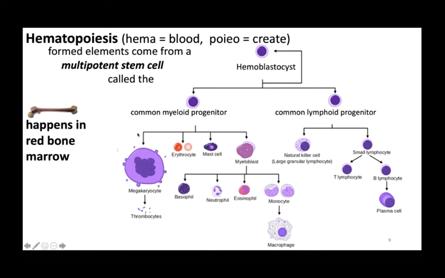So in the myeloid line, we've got the megakaryocyte, which is going to give us the thrombocytes or platelets, and erythrocytes. Everything else on this page, these are all different kinds of white blood cells. So we'll get into that in more detail when we talk about the immune system, when it makes sense to do that.